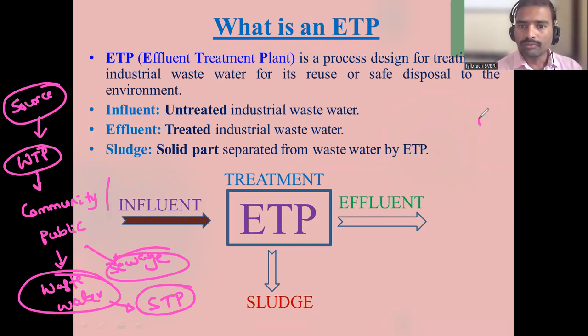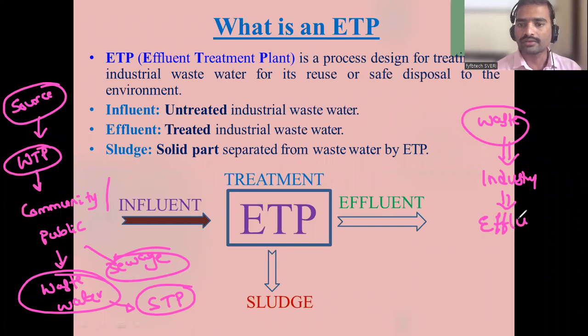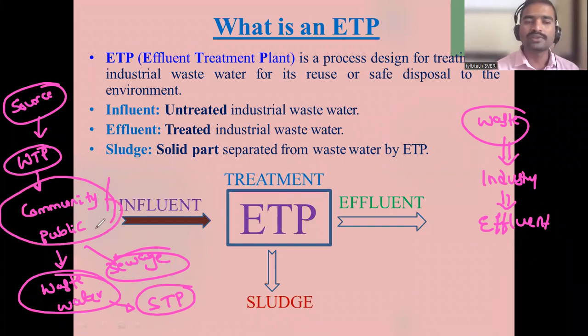If the waste is coming from the industry, then it is called effluent. Are you getting it, all of you? If the waste is coming from an institution, a commercial building, a public building, or a public area, we call that wastewater.